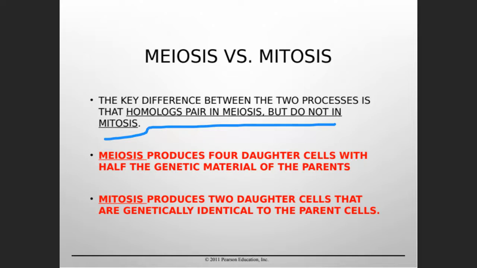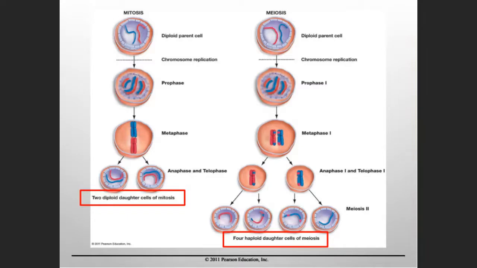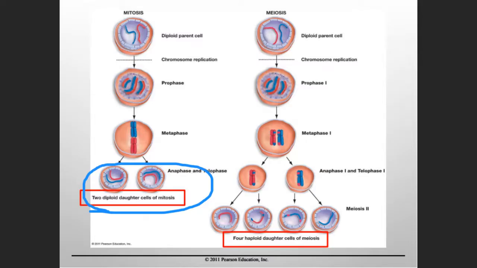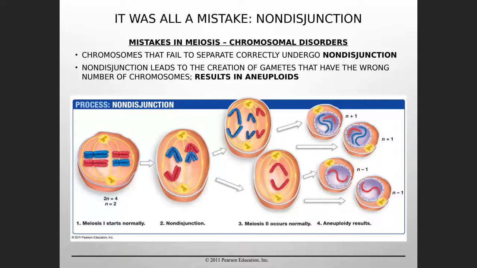Mitosis produces 2 daughter cells that are clones, genetically identical to the parent cell. So again, in mitosis you get 2 daughter cells that are diploid, exactly the same. In meiosis, you get 4 daughter cells that are haploid. Okay? And you assorted these different homologous pairs into different cells.